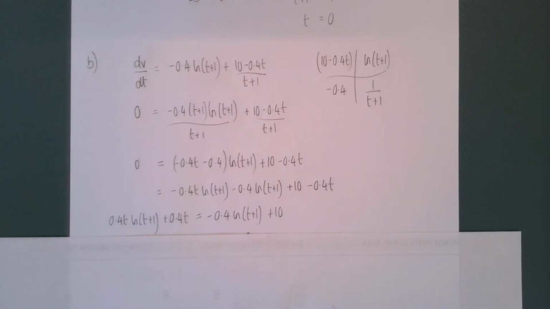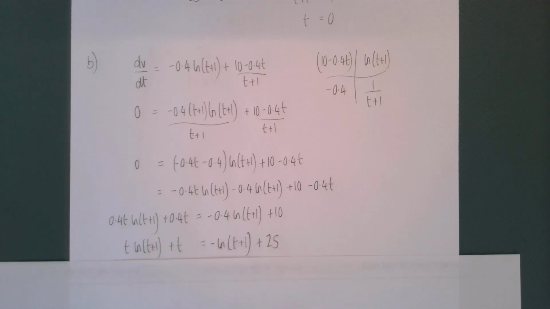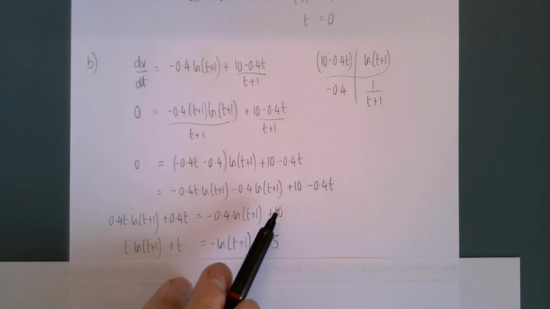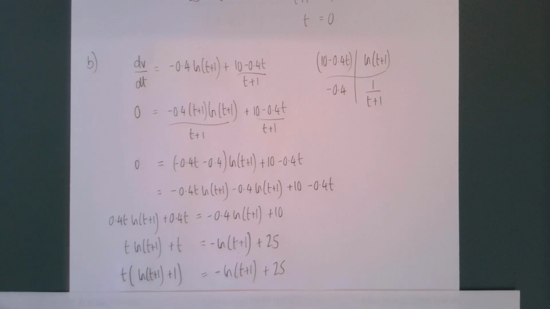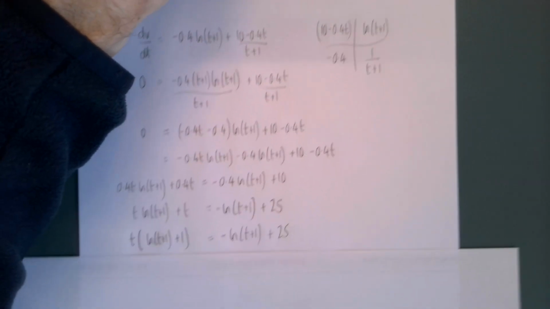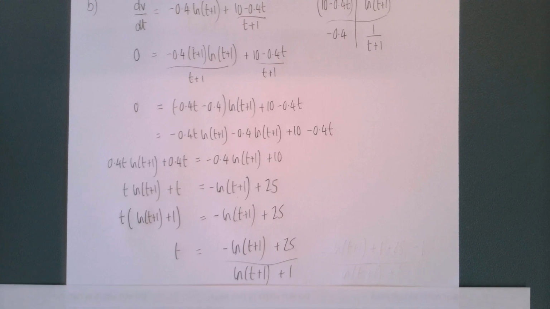At that point I realised that I could divide by 0.4, so I divided everything by 0.4, so that term just becomes that, and 10 divided by 0.4 is 25. Now I can factorise this side, so this is t times (ln(t plus 1) plus 1). If you multiply that out, you get that. The reason I do that is so that I can then divide both sides by ln(t plus 1) plus 1.